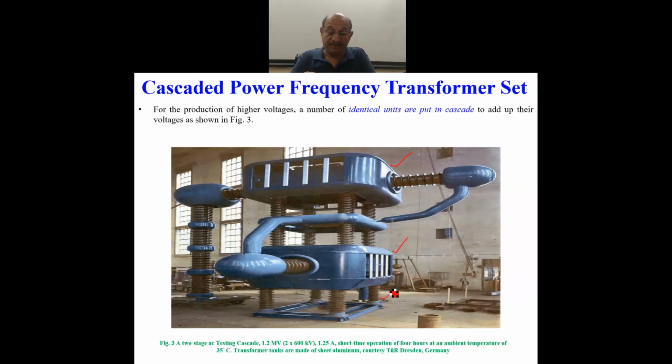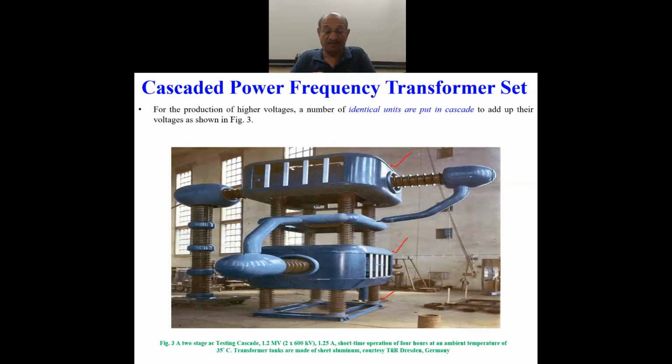What is happening here is that the container acquires the voltage of the primary winding, and the transformation ratio is the same. That means the container is at high potential, and therefore it must be supported from the ground with the help of insulators.